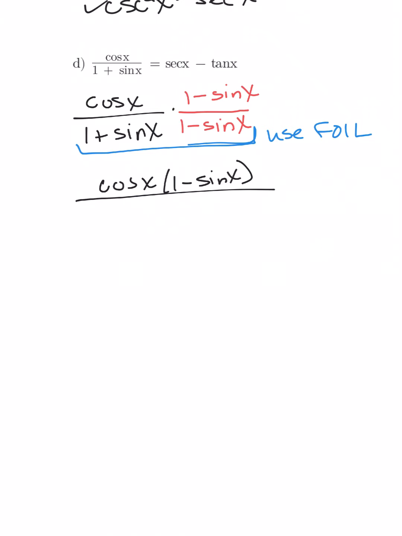So in our denominator, we will have 1 minus sine of x plus sine of x minus sine squared of x. Well, looking in the middle here, negative sine, positive sine equals 0. So now we still have our numerator as it was originally.